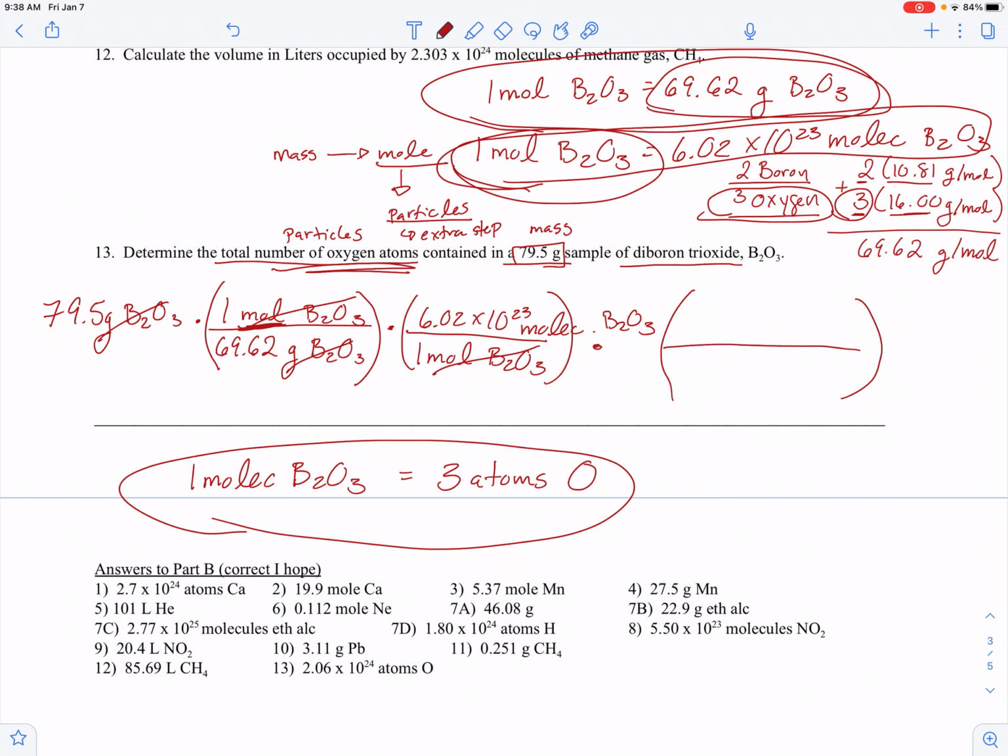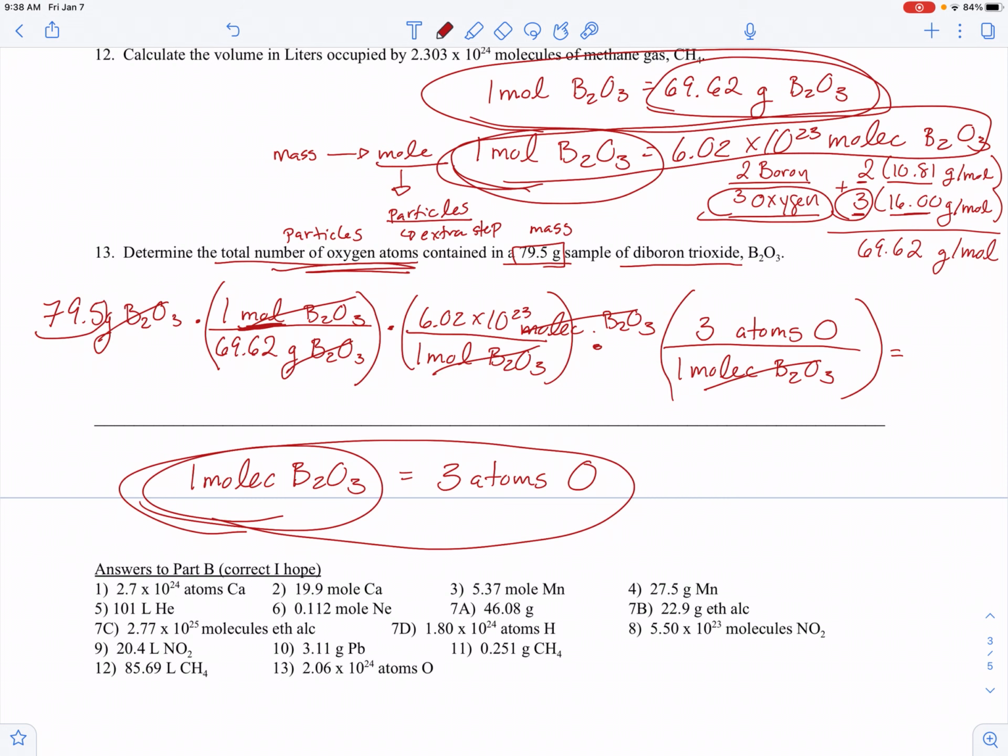I want to get out of molecules, so molecules will go on the bottom. Every 1 molecule of B2O3 contains 3 atoms of oxygen. And then I'll multiply all the way across. Molecules will cancel.